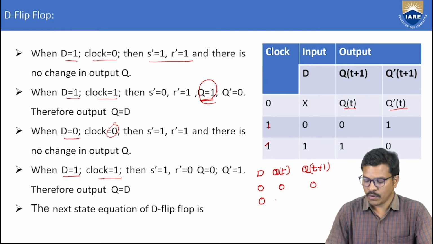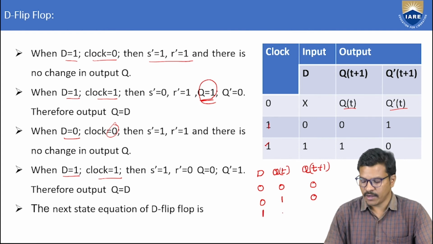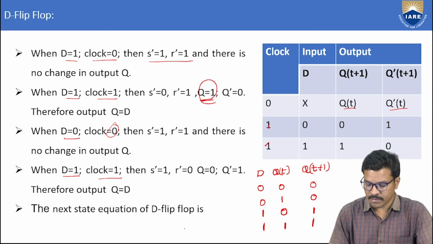When D is 0 and present state is 1, next state is also 1. When D is 1, it makes a set in the output. Initially if it is 0, the output becomes 1. When D is equal to 1 and the present state is 1, the output is 1, next state is also 1.